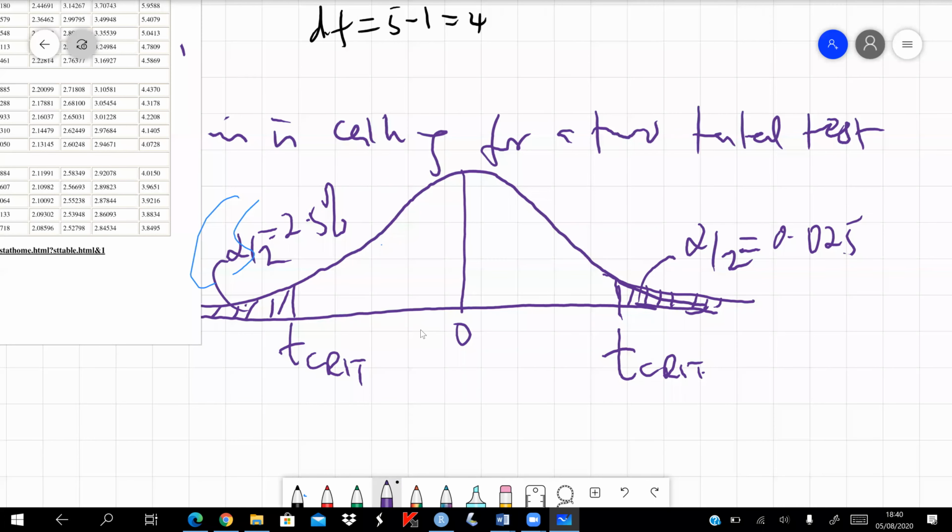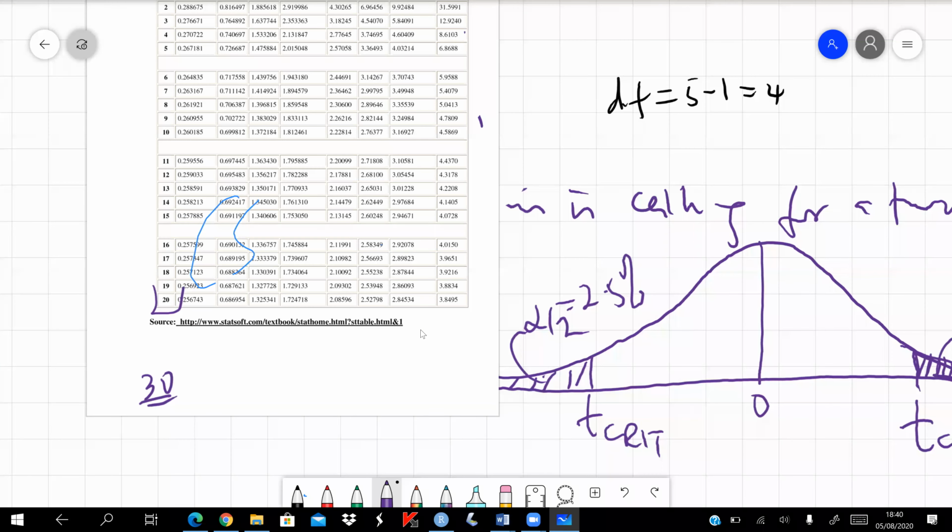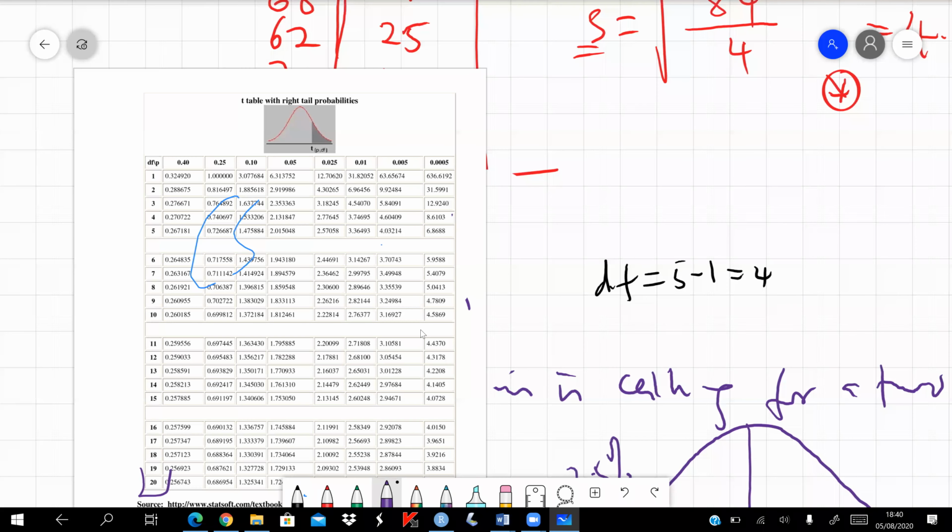We are not going to check 5%. We check this area because the tables show you this part. So we look for 0.025 and 4 degrees of freedom, which are the values in that row.